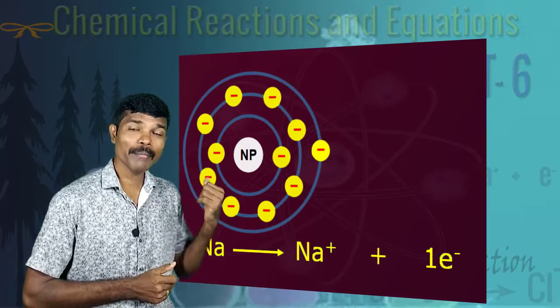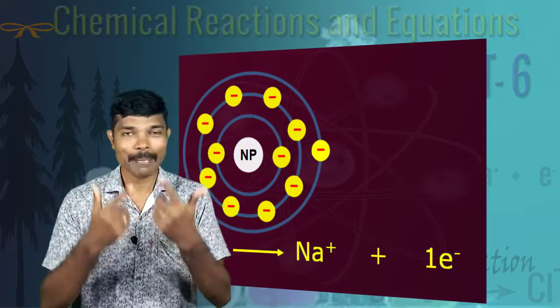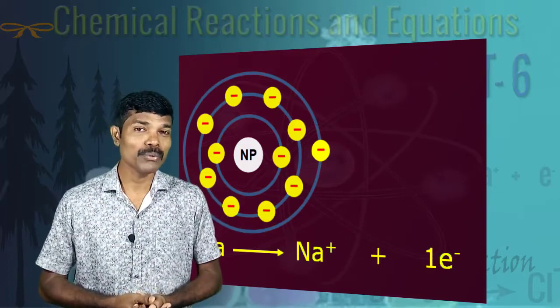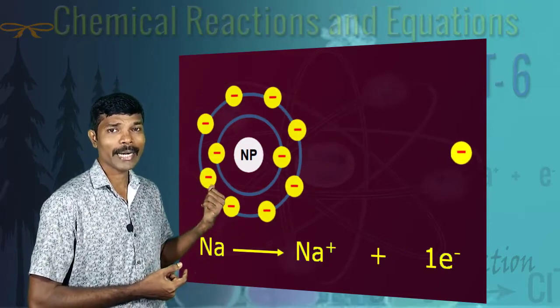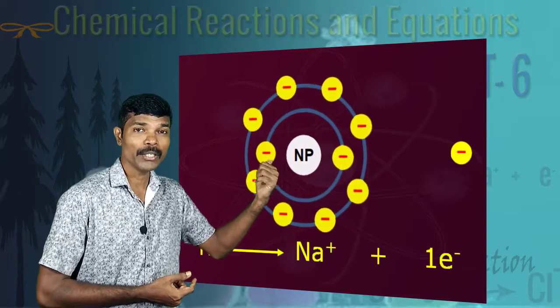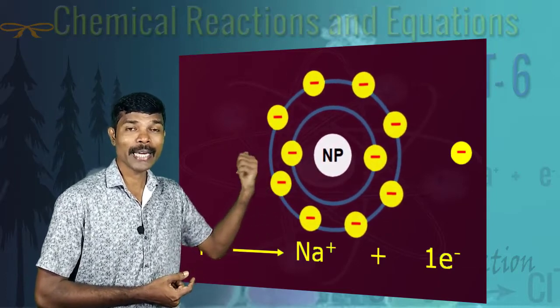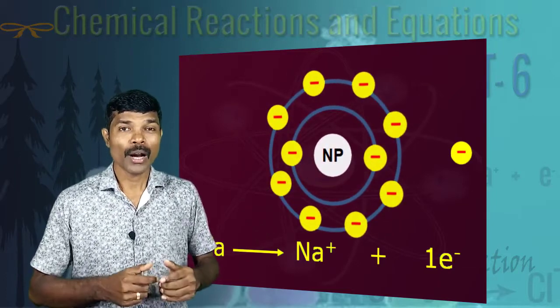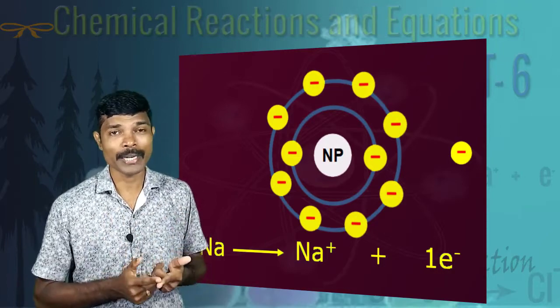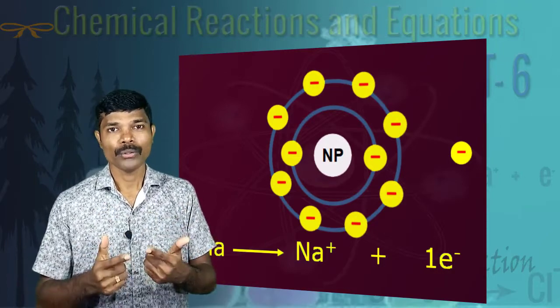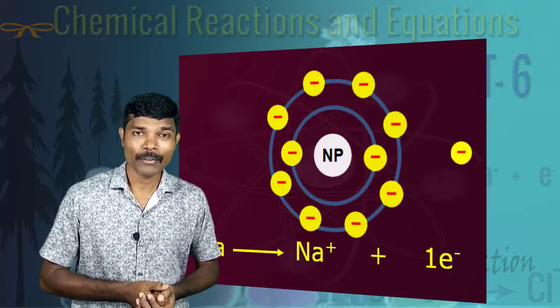Here the sodium atom gets a stable configuration only by losing one electron. By losing one electron, the octet gets completed. On the other side, you see the octet has 8 electrons. So the outermost shell has 8 electrons. We call it the completed octet. By doing so, the atom gets a stable configuration.